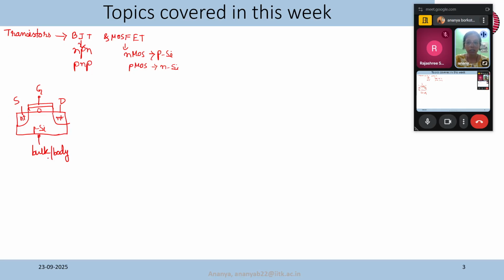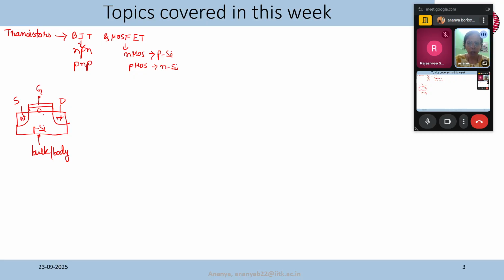keep the source and body terminal shorted, and we often apply 0 volt to the source and the bulk, I mean the relative potential I'm talking about, or we apply the bias in such a way that this N plus and P junction is reverse biased.